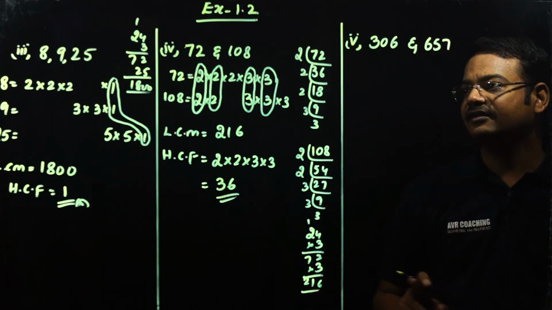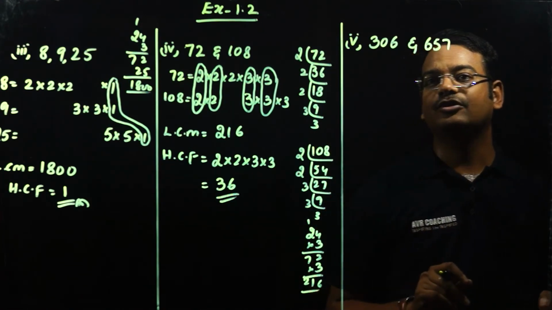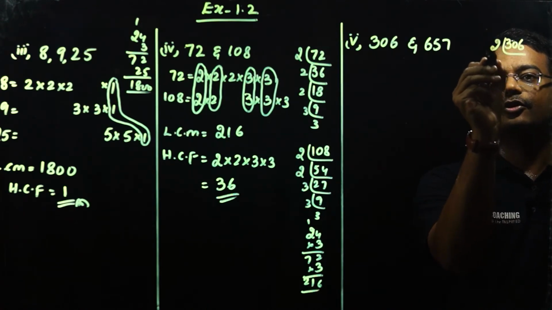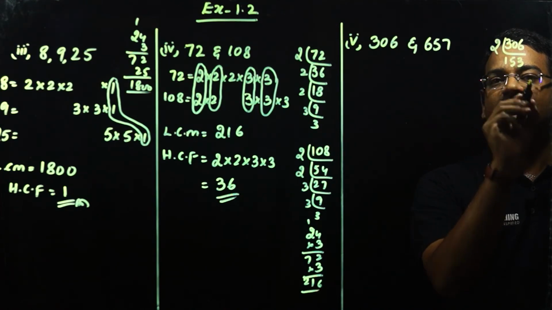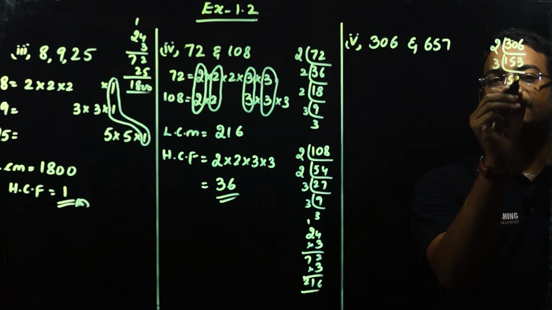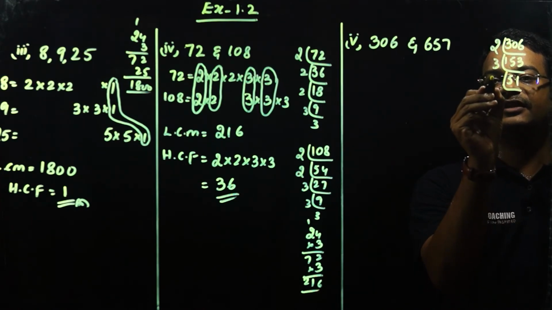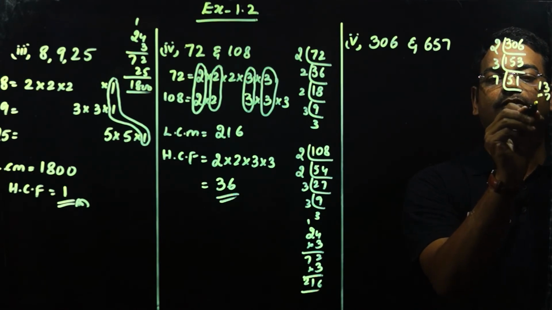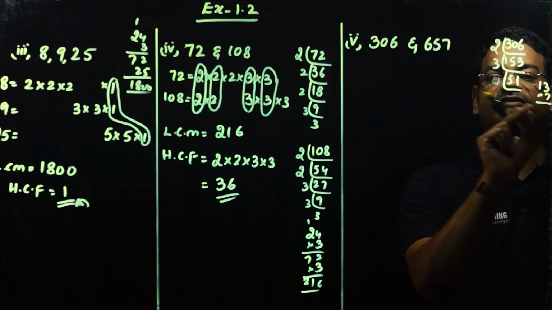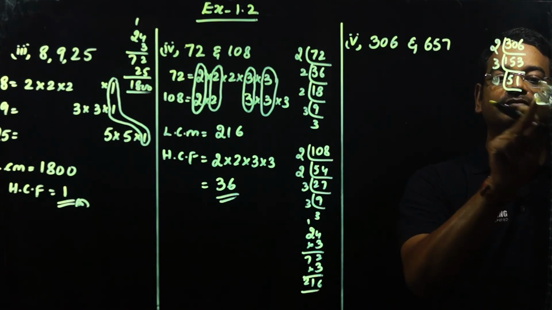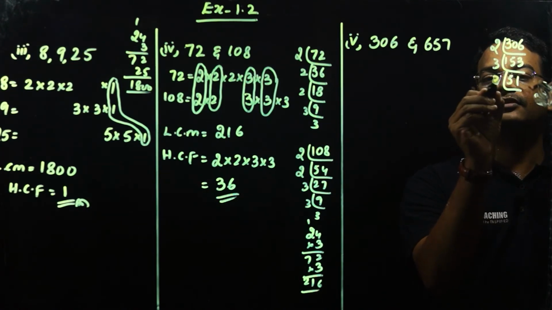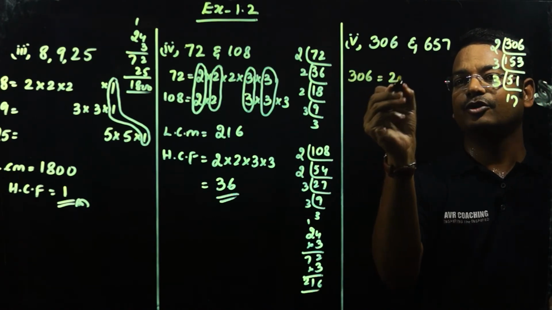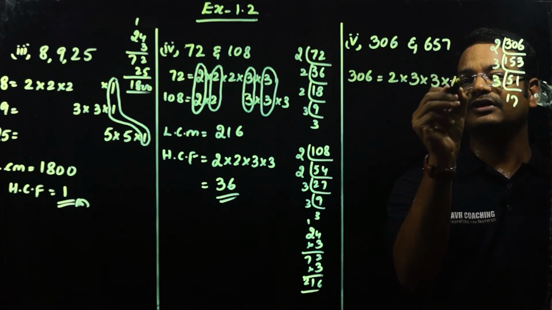In the same way we will find the LCM and HCF of 306 and 657. 306 can be written as 2 into 3 into 3 into 17.